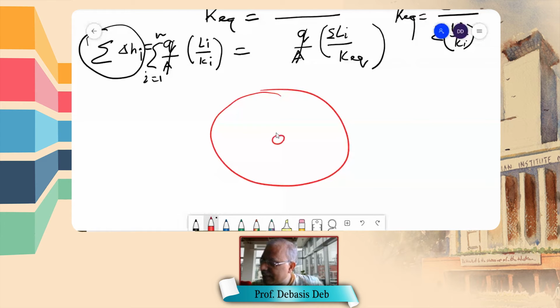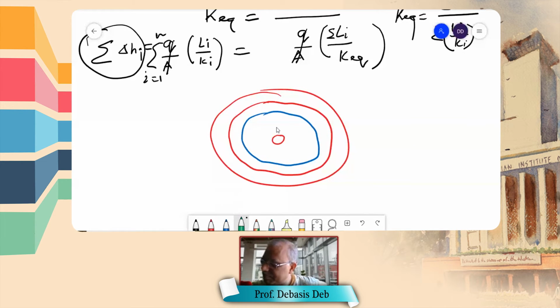Let's say this is the well. Now I have different layers. Let's say this is R1 and this is Rn, and let's say this is R1. This may be Hn and this may be H1, or H0. I made it 0, then it is better.